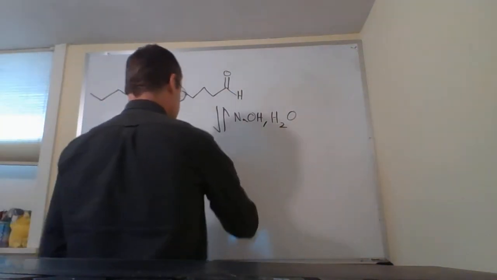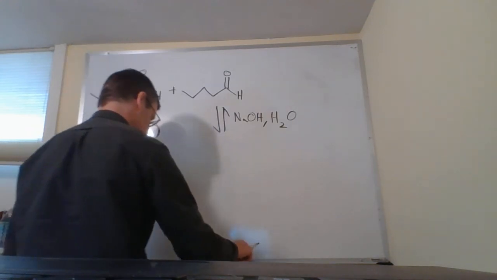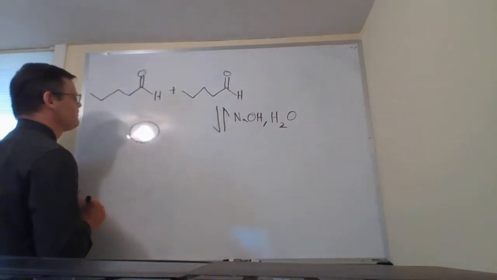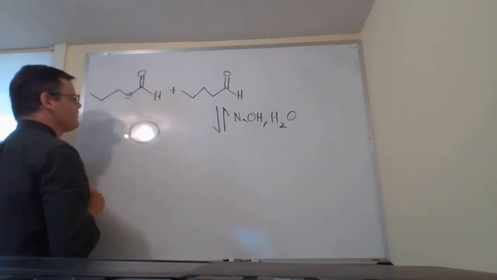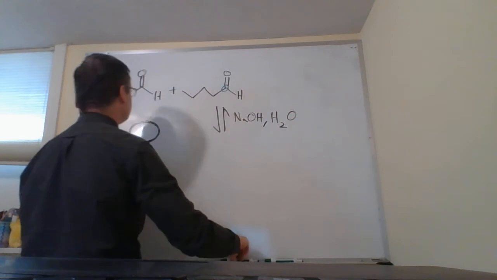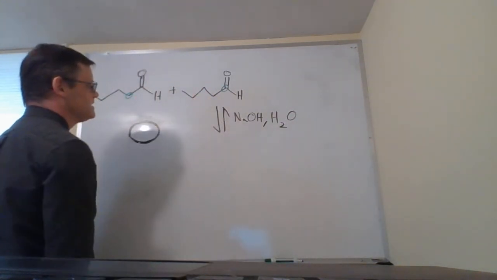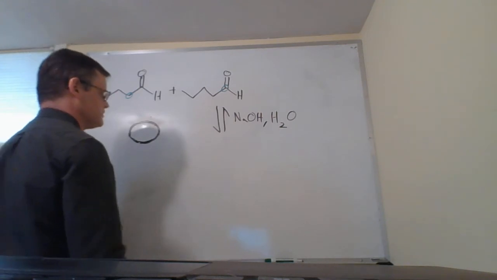So what's the product going to be of this reaction? Well, to figure that out, I want to identify the alpha carbon on one molecule and the carbonyl carbon on another molecule, and we're going to form the CC bond between those two.